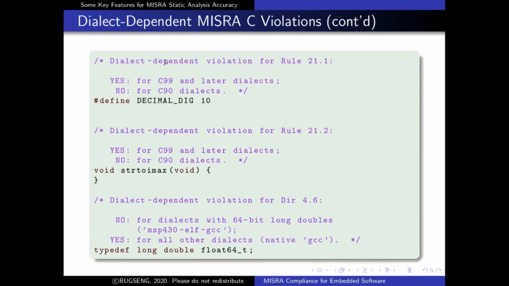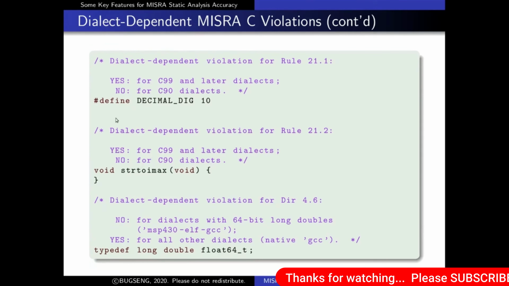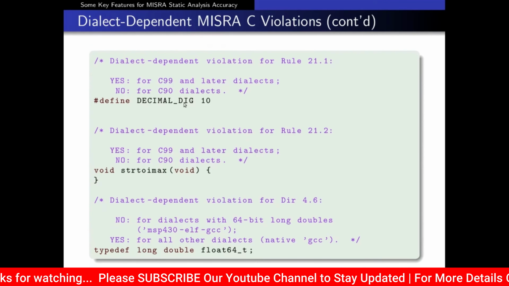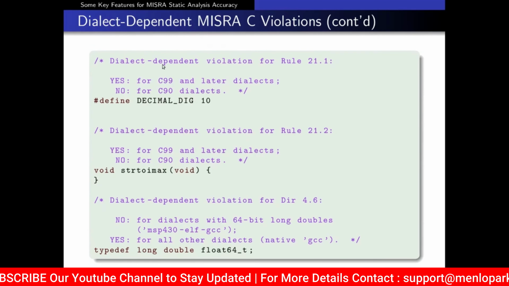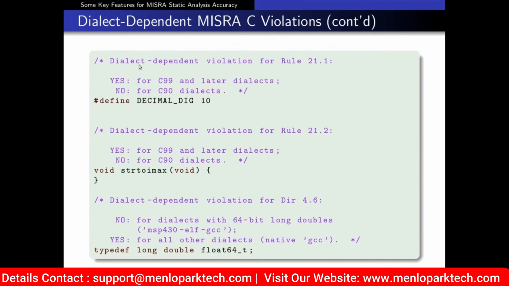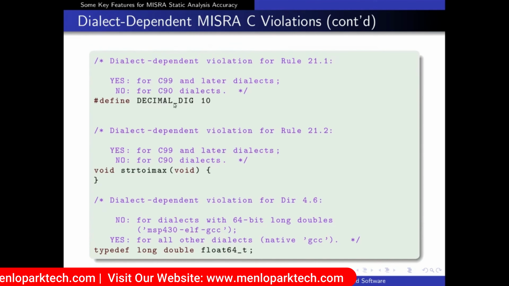Now, a directly dependent violation for Rule 21.1. It has to do with reserved identifiers. This identifier, decimal underscore DIG, is reserved in C99 and later dialects, but it is not reserved in C90.